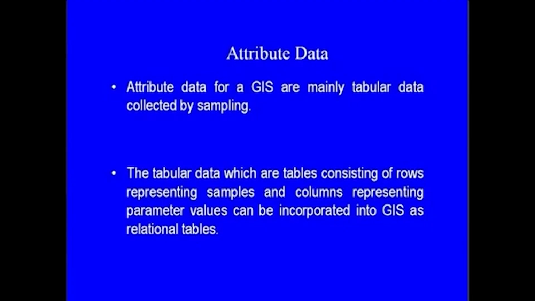Next is attribute data. Attribute data for a GIS are mainly tabular data collected by sampling. The tabular data, which are tables consisting of rows representing the samples and columns representing parameter values, can be incorporated into a GIS as relational tables. The next type of data source could be survey data and records available at various places.